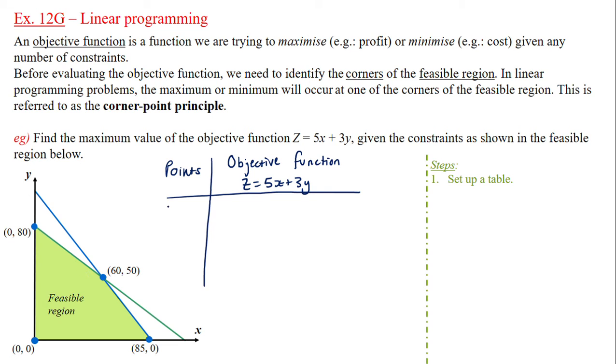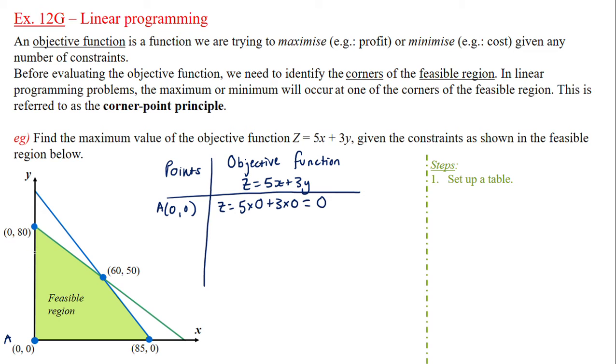So the points we're going to evaluate are, let's start with point A, which is 0, 0. Evaluating that function, z equals 5 times 0 plus 3 times 0. So I've replaced x and y with 0 and 0 as per the coordinate, and of course, 5 times 0 plus 3 times 0 is 0.